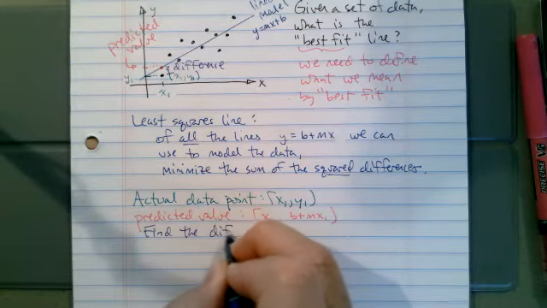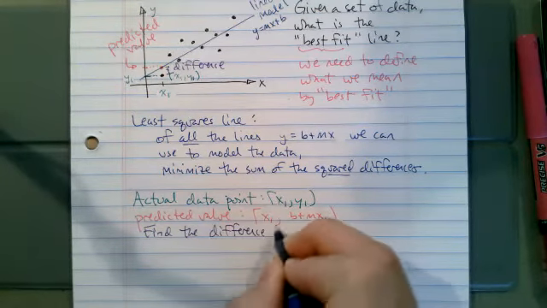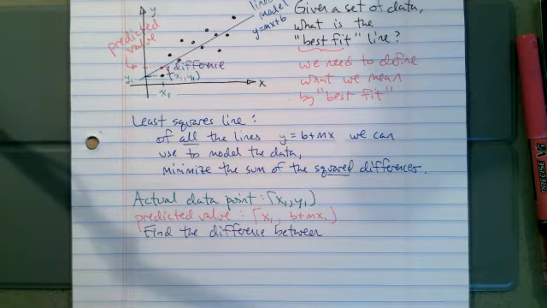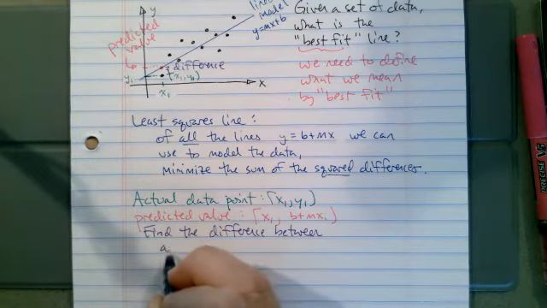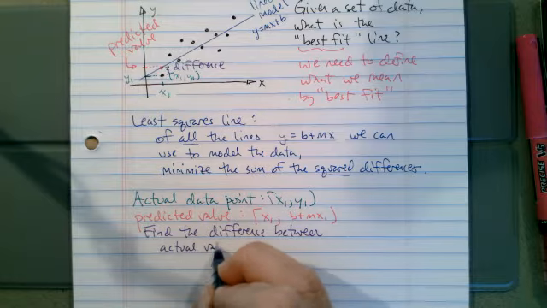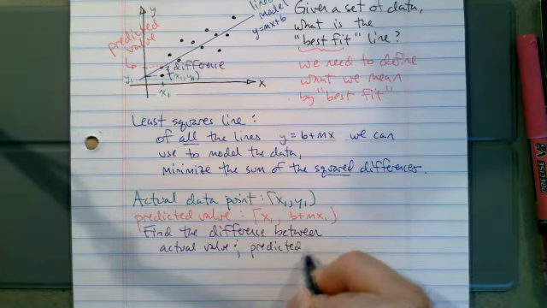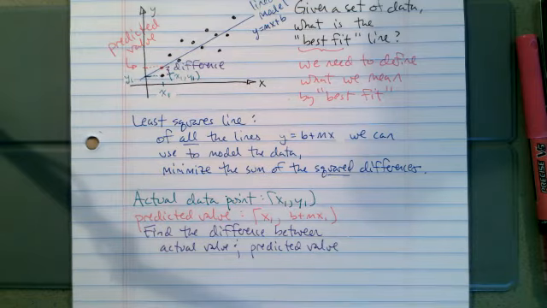So find the difference between the actual value and the predicted value for each point.